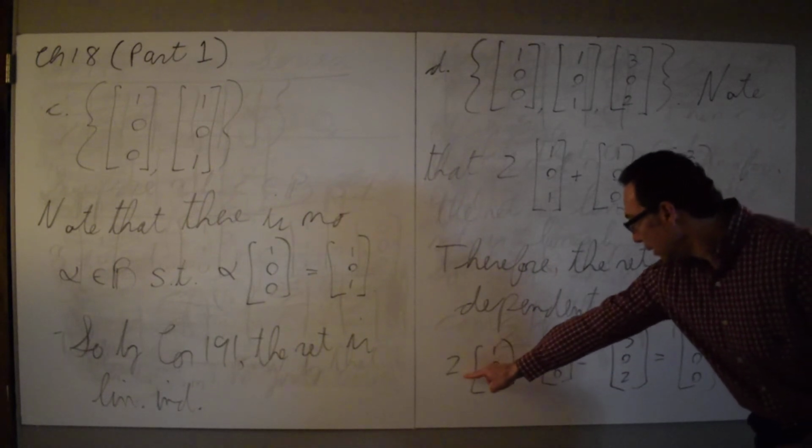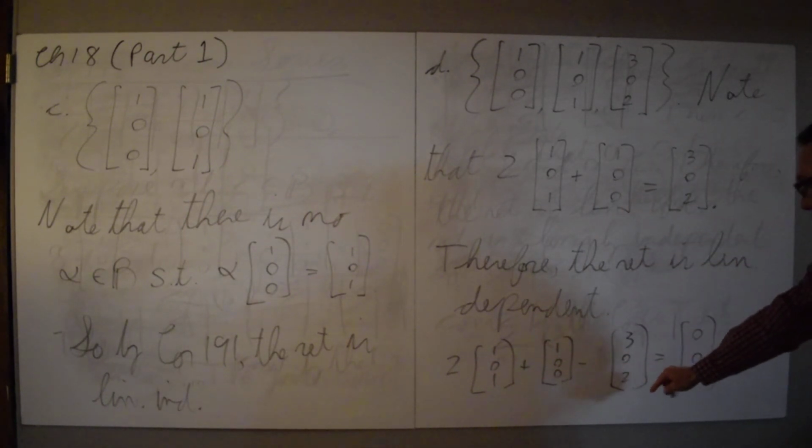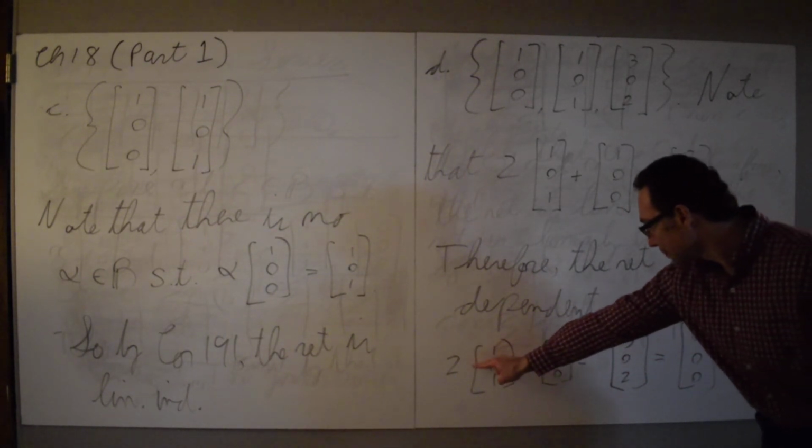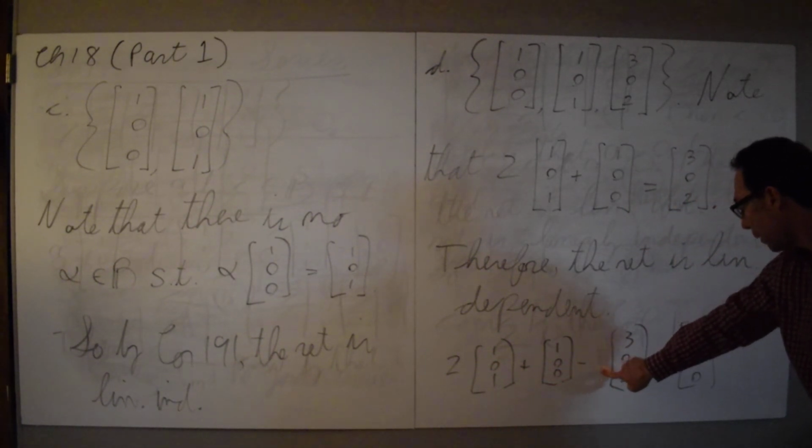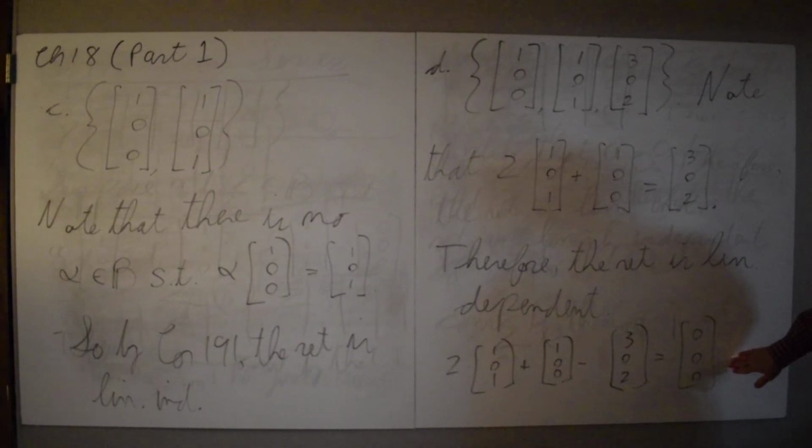So we can take coefficients that are not all 0. We have 2 times this vector plus 1 times this vector minus 1 times this vector is a 0 vector. So this set of vectors is linearly dependent.